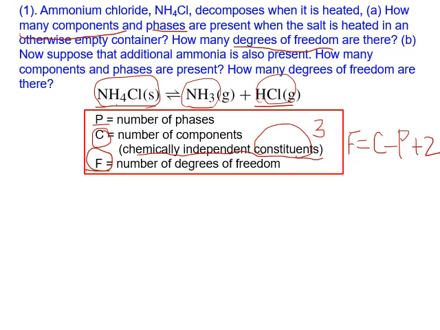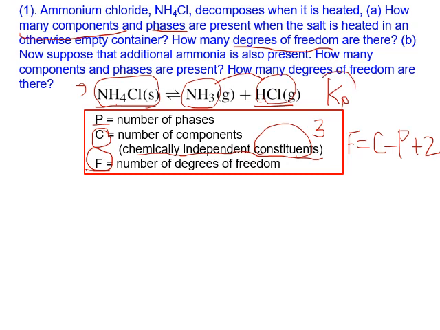These three constituents are not independent. They are related by one reaction, and therefore you have an equilibrium constant. The equilibrium constant relates three constituents. There's also a relation between these two. These two are in a 1-to-1 ratio, and therefore three constituents are related by two mathematical equations.